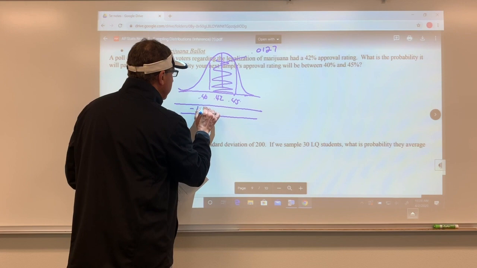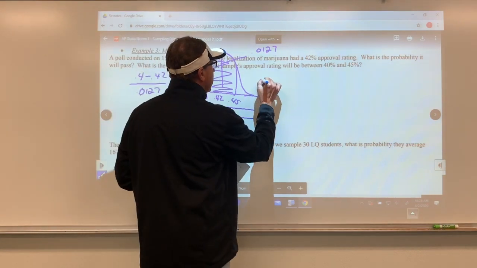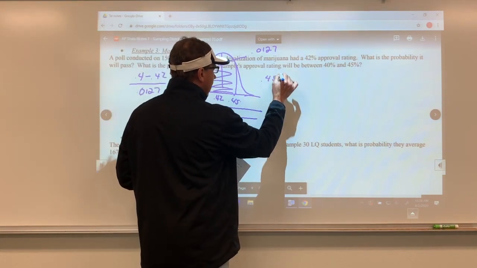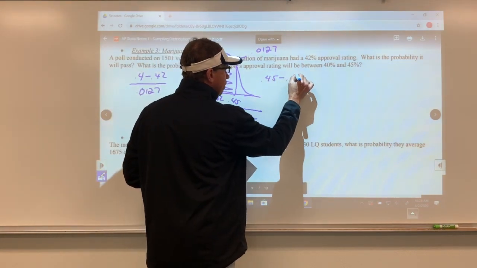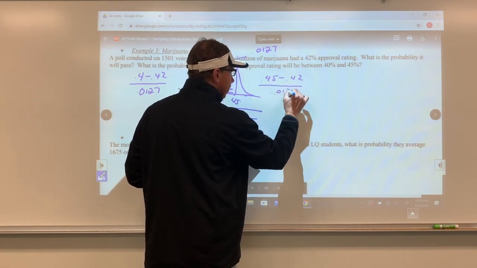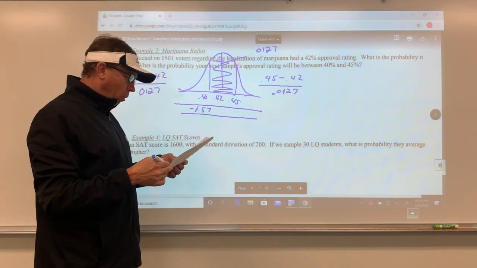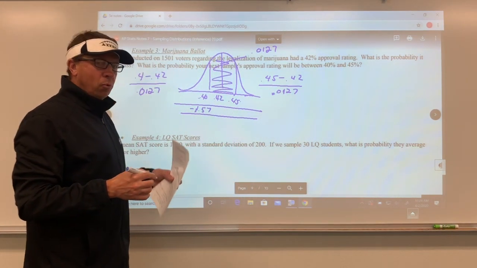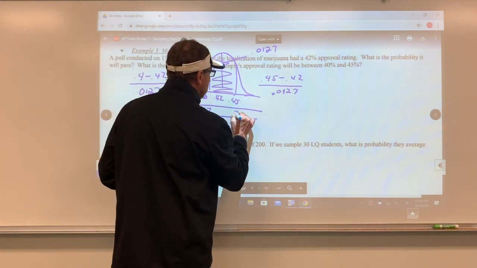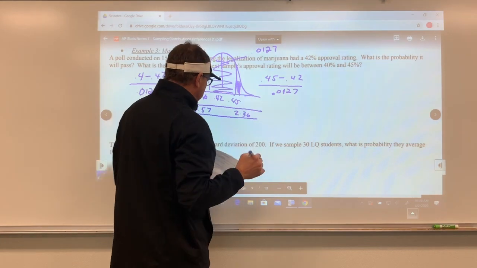Okay? Now the z-score for 0.45 will be 0.45 minus 0.42 over 0.0127. Okay? And that z-score is going to come out 2.36. So it's actually pretty deep in the tail here, 2.36.